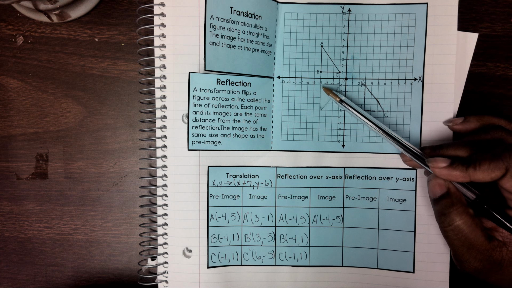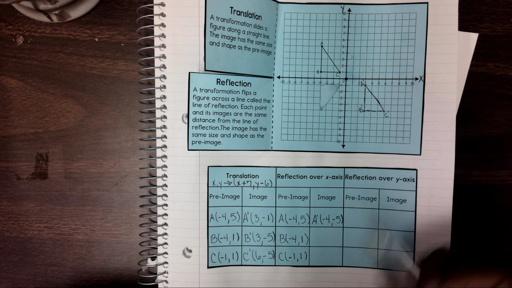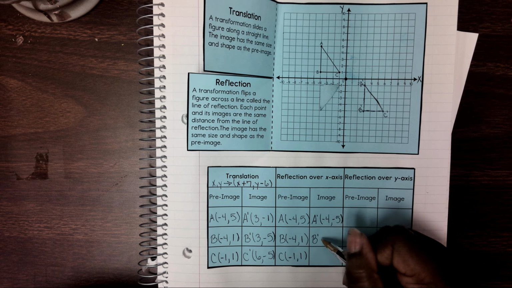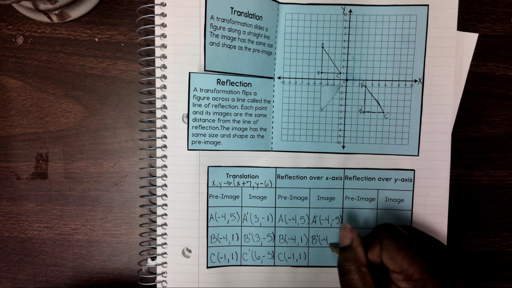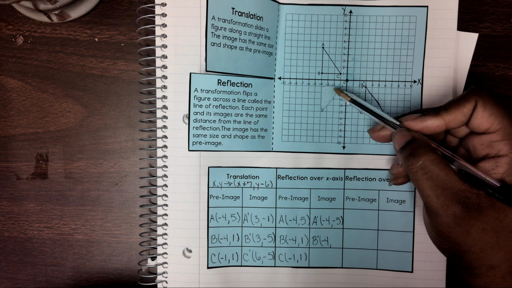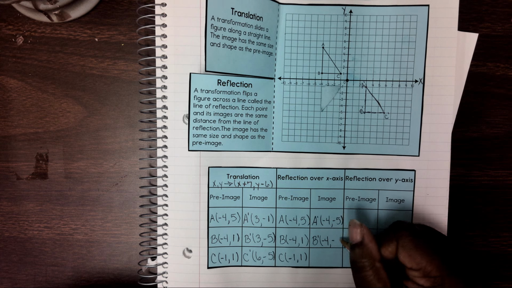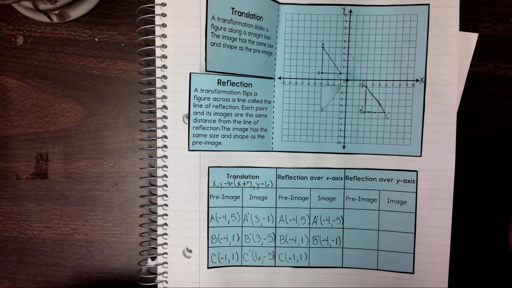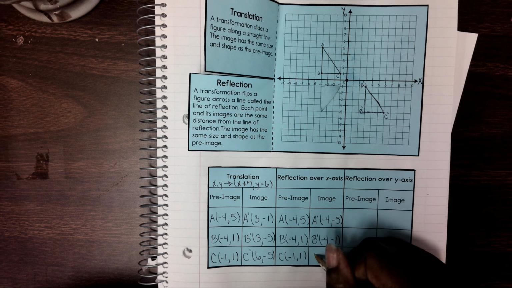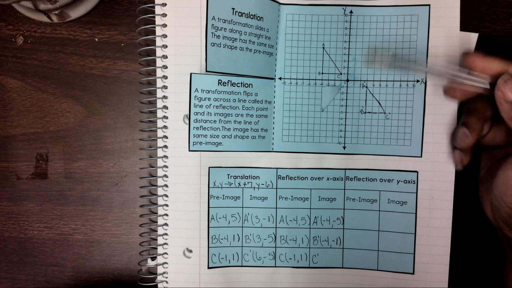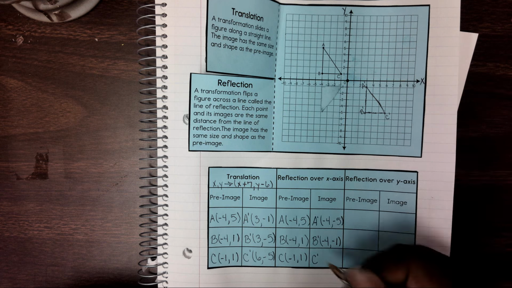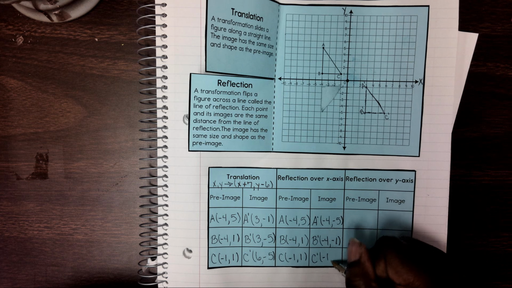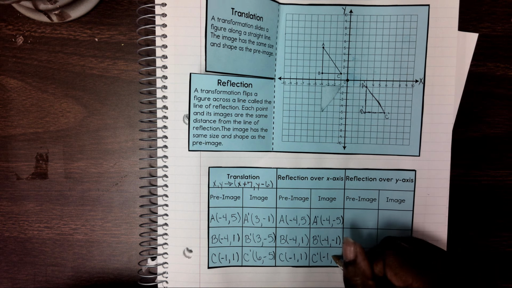B prime is here, and it is -4, comma, -1. C prime is located here, and it is -1, comma, -1.